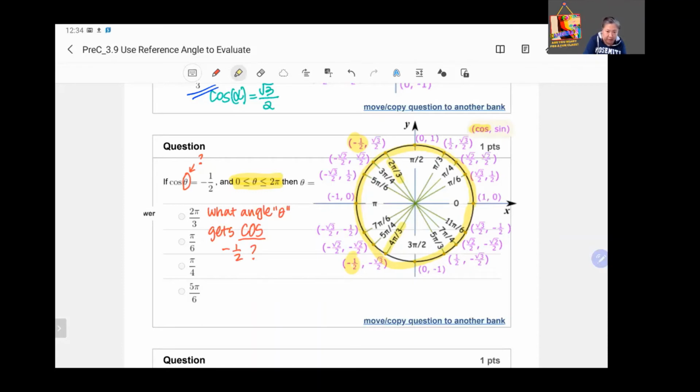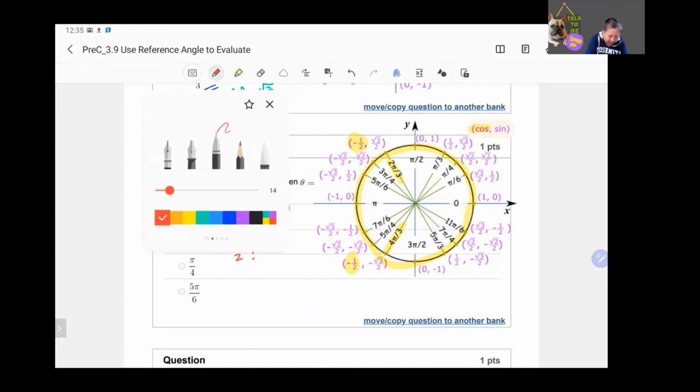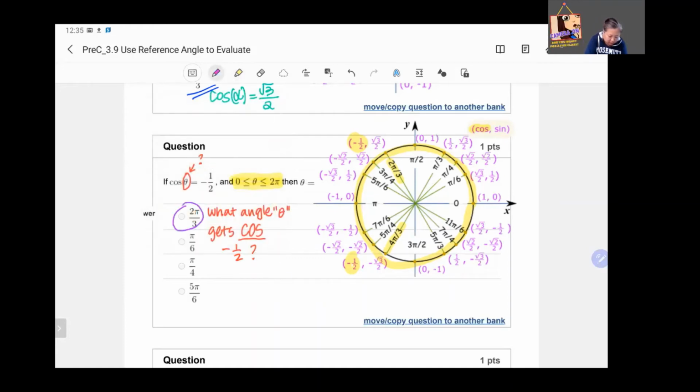Then let's examine what options we have. The 2 pi/3 is there, but they didn't give us 4 pi/3 as an answer choice. So the only answer choice that we can choose here is 2 pi/3 right here. That's where the x coordinate, which is equivalent to the cosine value, is -1/2.